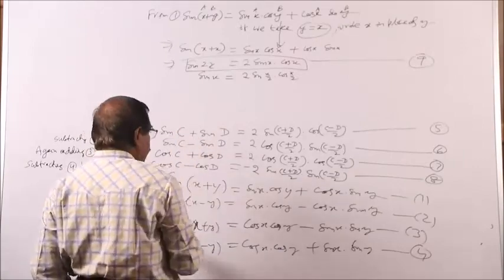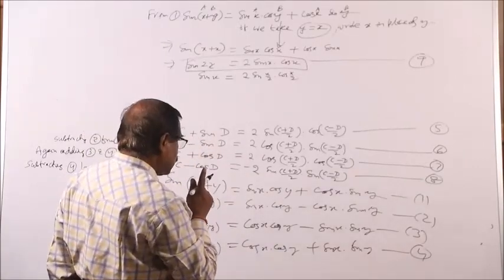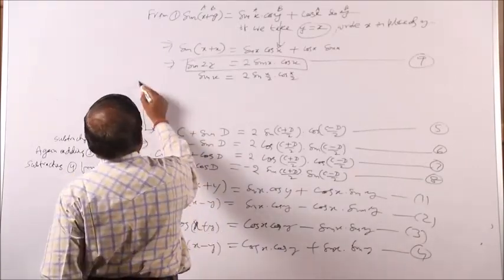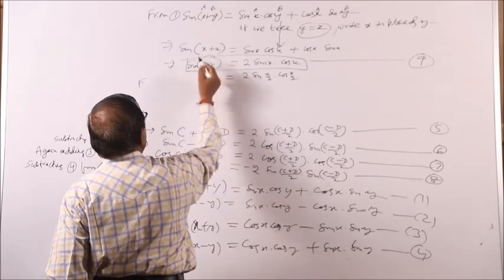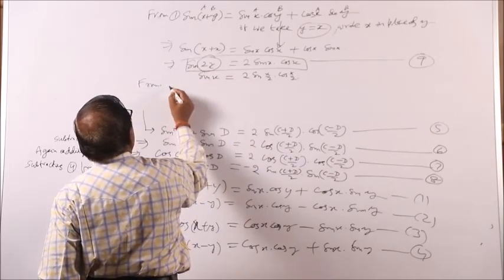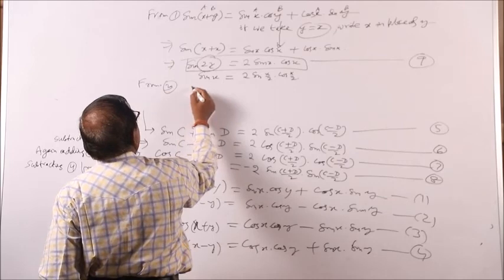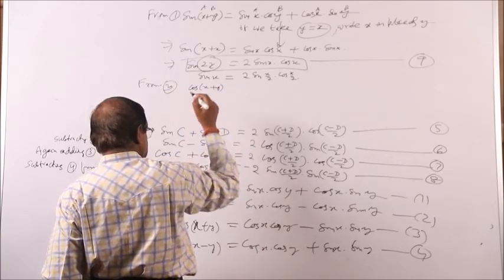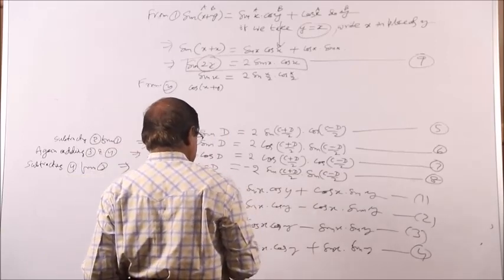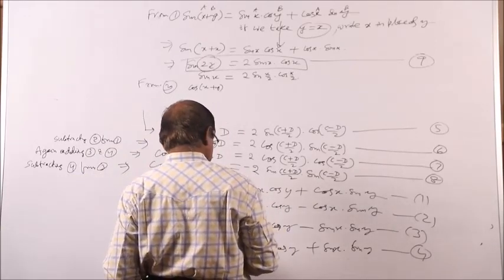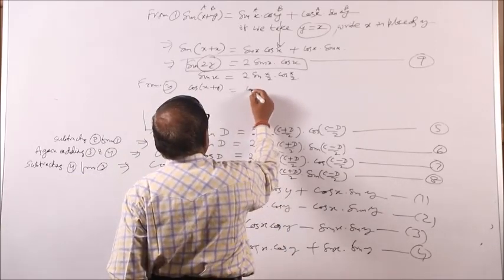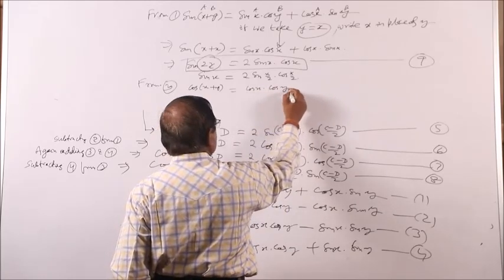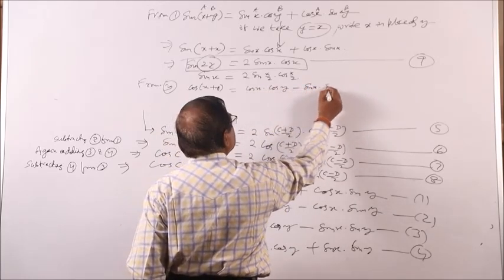Now similarly from 3, again we have got here the sin 2x formula. Similarly you can get from 3, that is cos(x plus y) is equal to cos x into cos y minus sin x into sin y.